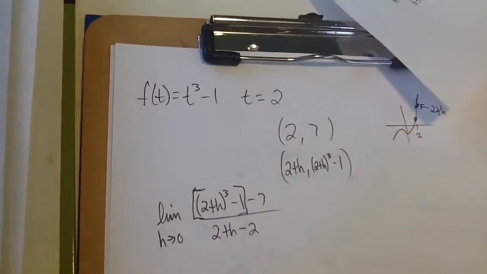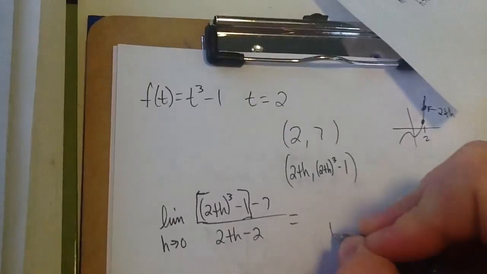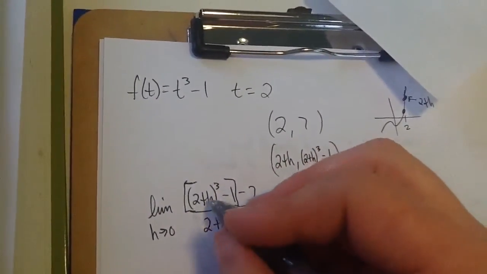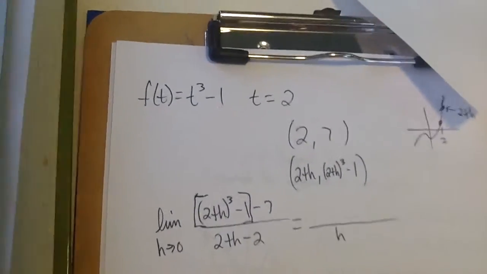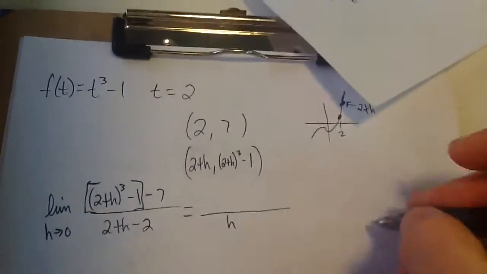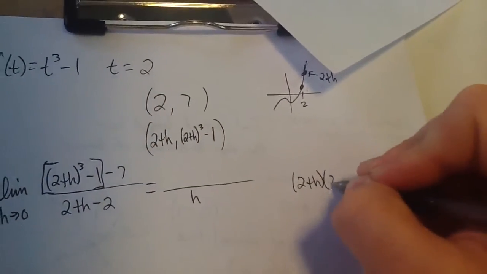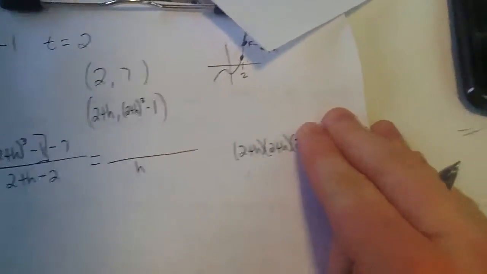So now I just got to do a whole bunch of simplifying here. Bottom's easy, it's always just h. 2 plus h minus 2 is h. Top, oh crap. I got to go 2 plus h to the third. Do not put 8 plus h to the third. That's horrible. It's 2 plus h times 2 plus h times 2 plus h. Well, that sucks. But here you go.